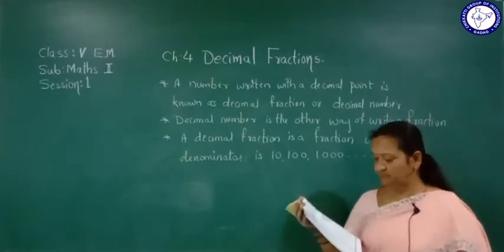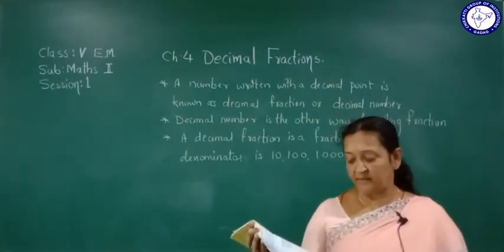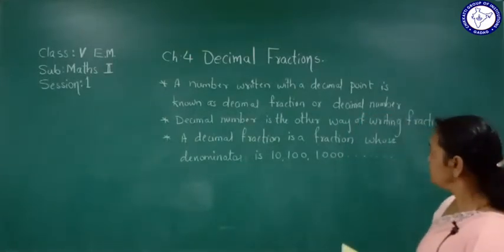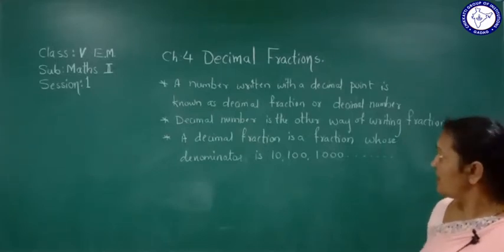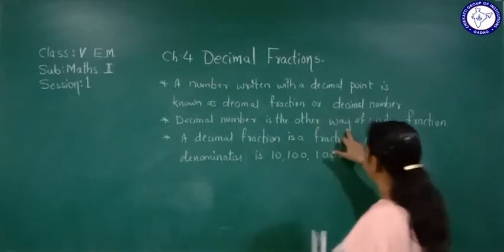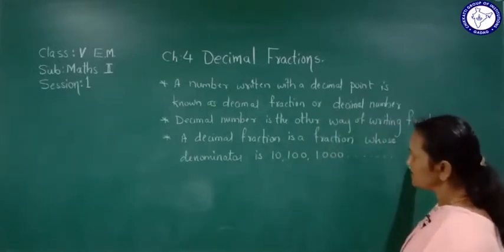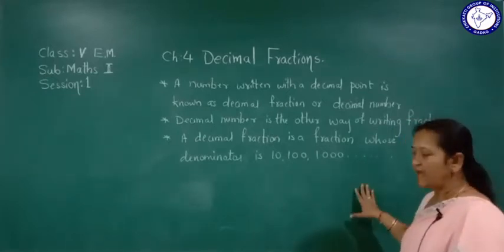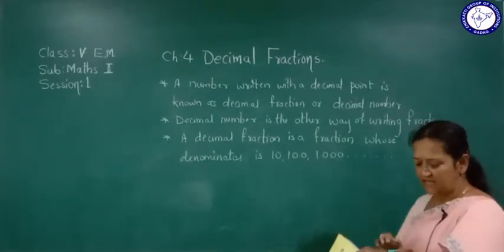Before we see how we use decimals in measures of length, check again here the meaning of a decimal fraction and a decimal number. A number written with a decimal point is known as a decimal fraction or a decimal number. A decimal number is the other way of writing a fraction. A decimal fraction is a fraction whose denominator is 10, 100, 1000, and so on.